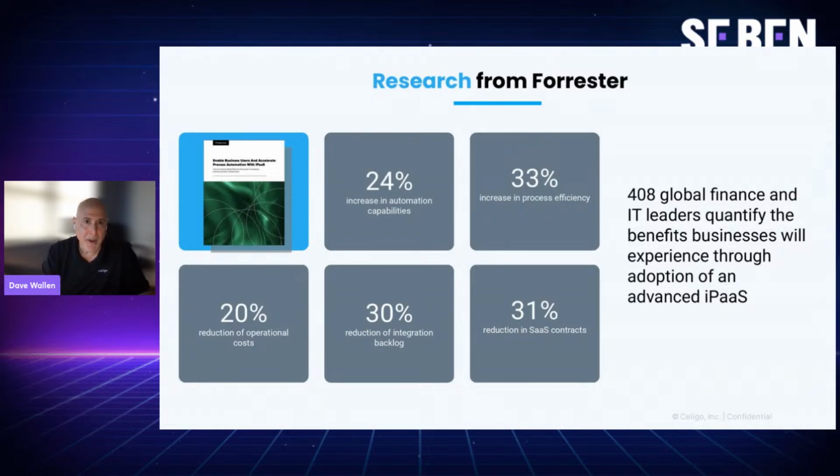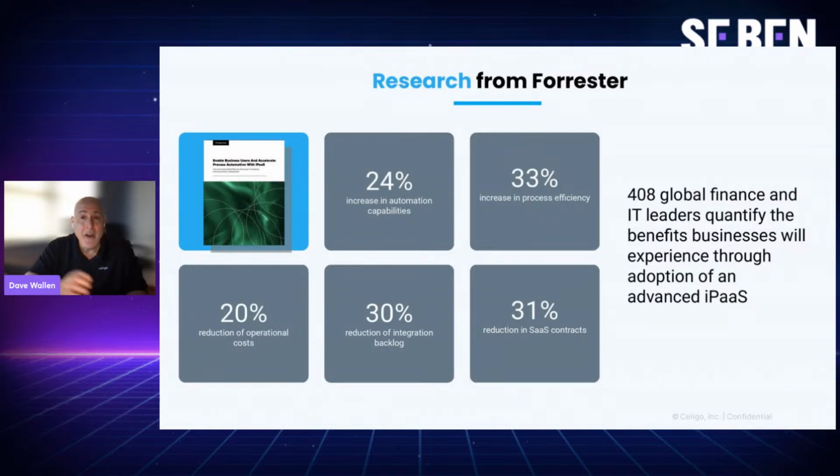They're all the things we talked about: improving process efficiency and automation capabilities, reducing the backlog, reduction of operational costs. Hey, this is why we're automating processes, and getting better data for decision making. But the interesting one also is that 31% reduction in SaaS contracts. In many cases, that pays for your investment in an integration platform as a service.